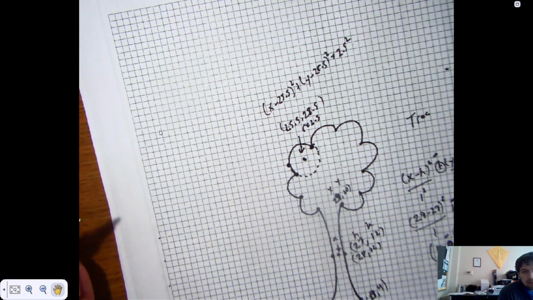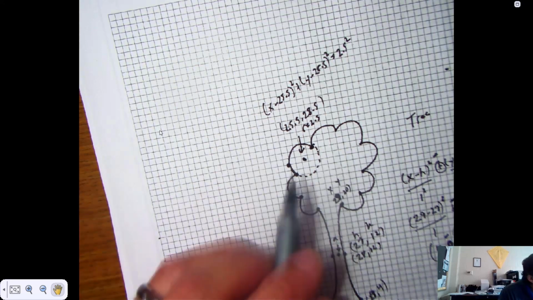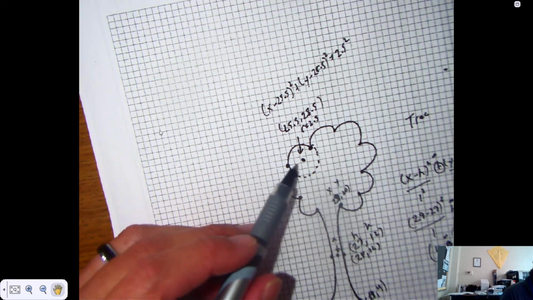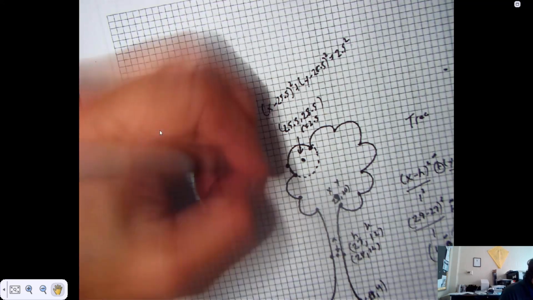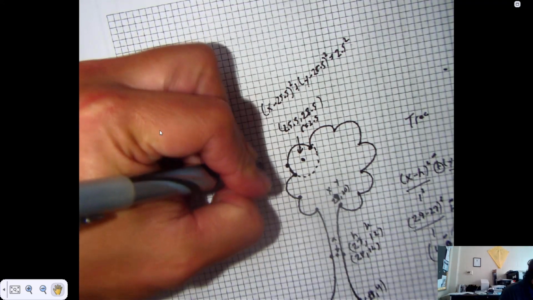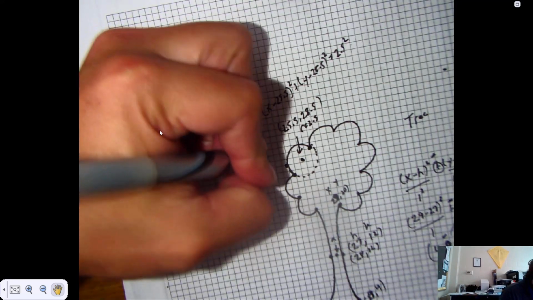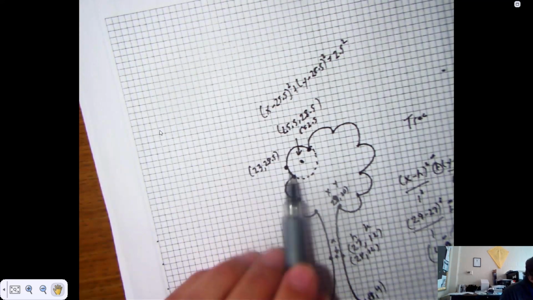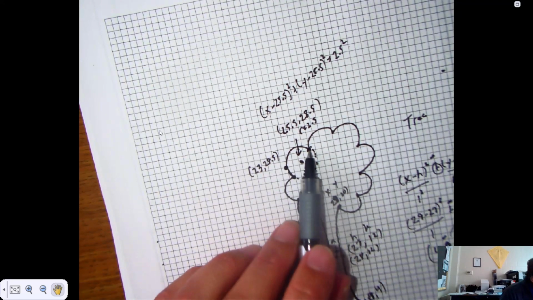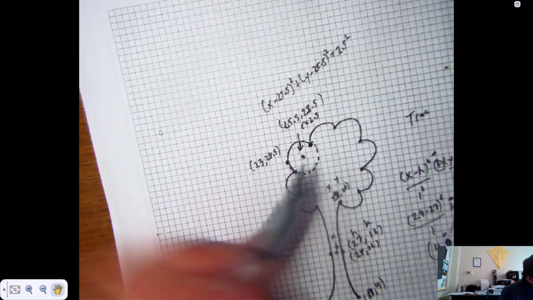I'm going to have to actually do a restriction on x and y. See, the x values that I want are to draw between 23 and this guy right here.